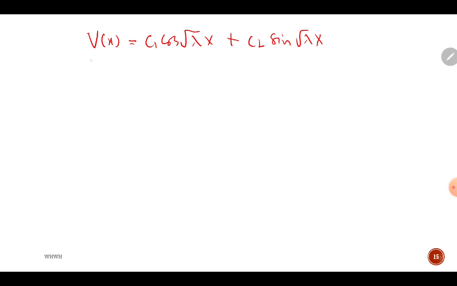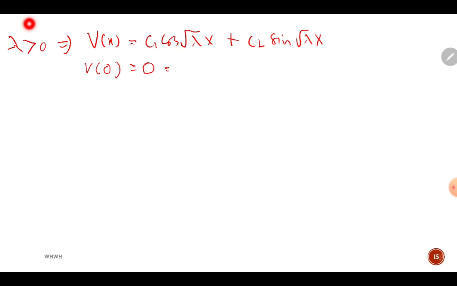And remember, this is for lambda more than 0. And now we are going to check with the initial condition saying V0 equals to 0.